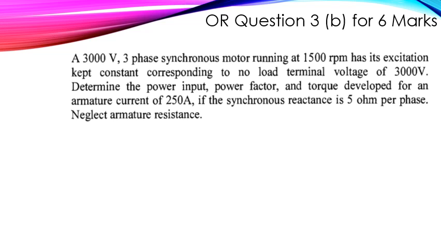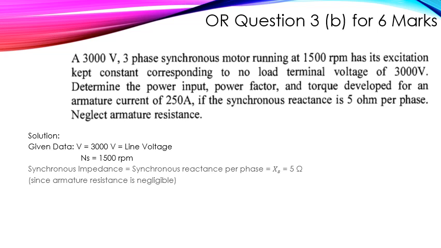Then we have to determine what? Power input, power factor and torque developed. And we have to neglect the armature resistance here. Now we'll see the given data. As per the question, the line voltage is 3000 volt. Synchronous speed 1500 rpm.